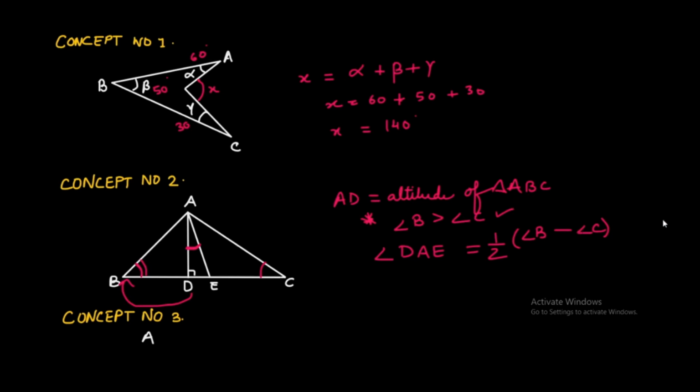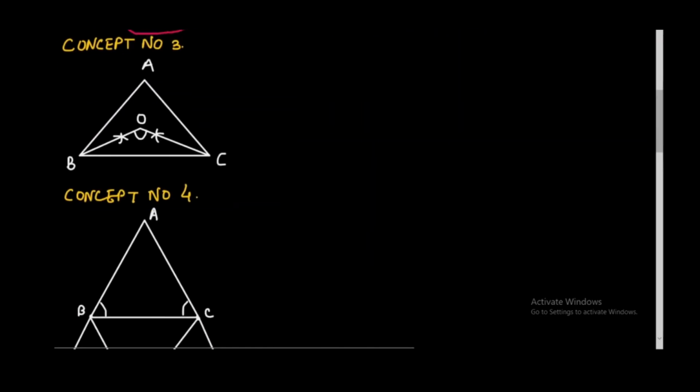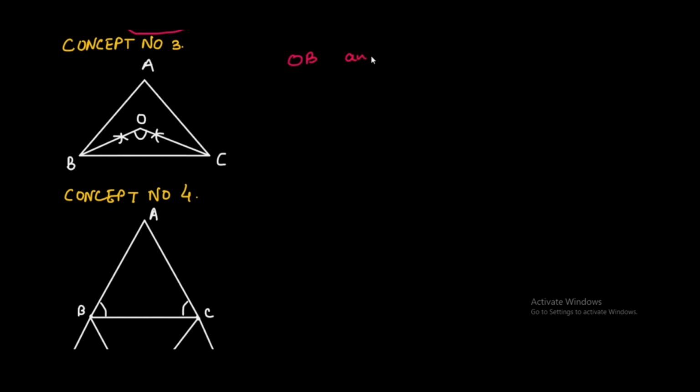So now let us move on to concept number 3. If we have been given this sort of diagram, you can observe that OB and OC are the two bisectors. OB is the bisector of angle B, and OC is the bisector of angle C. Basically, a bisector is the one which divides the angle into two equal parts.